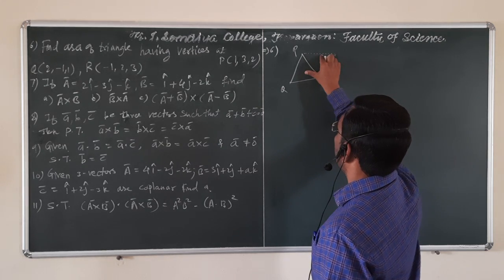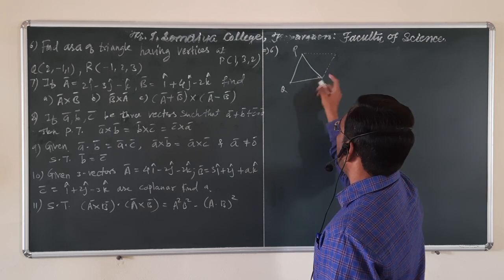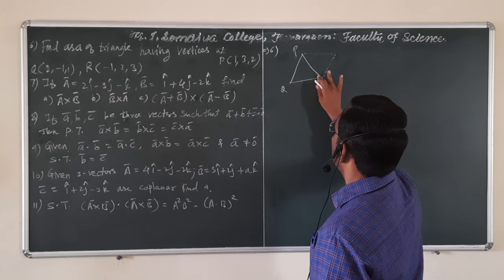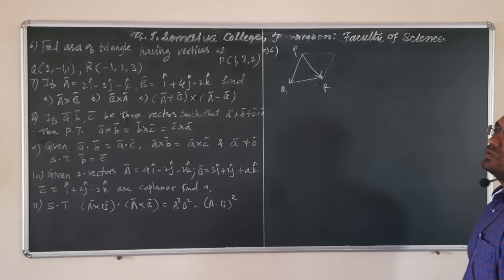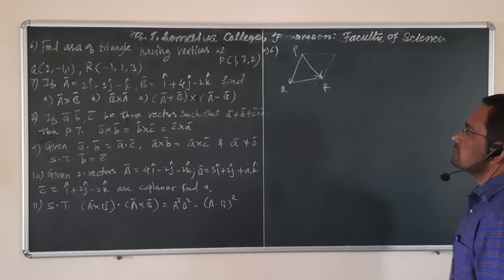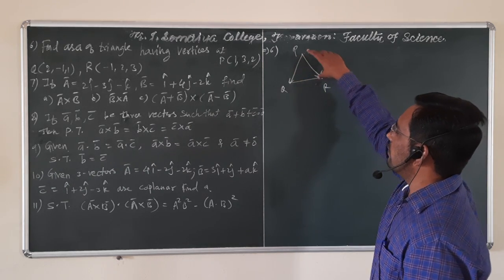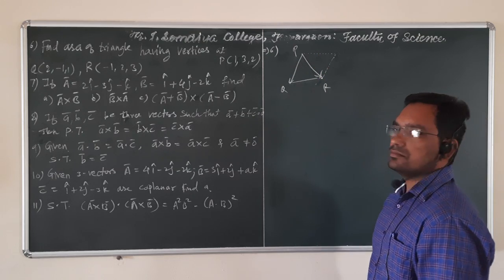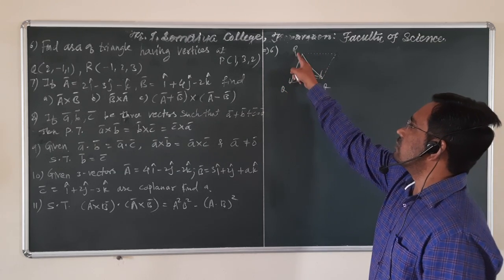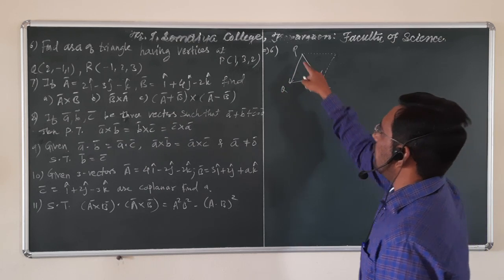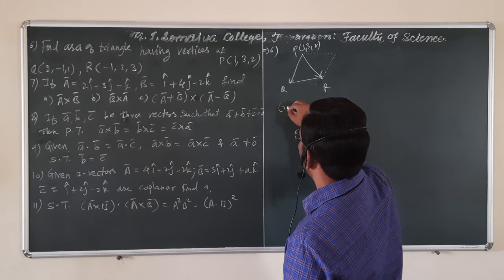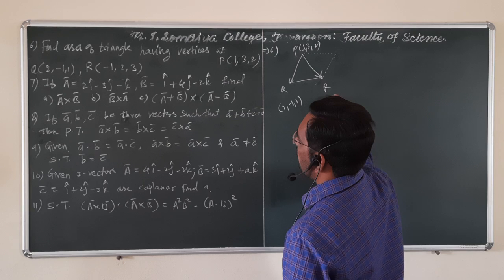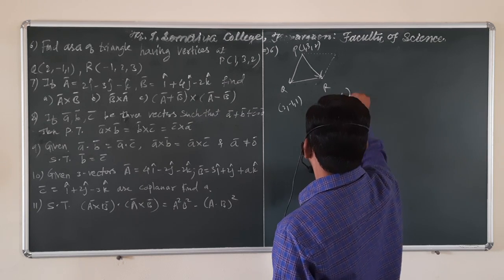Now this parallelogram has base QR, or we can say PQ and PR. If these two vectors PQ and PR are there, this parallelogram has vertices like this, PQR. So the values of P, Q and R are given. P is (1, 3, 2), Q is (2, -1, 1), and R is (-1, 2, 3).